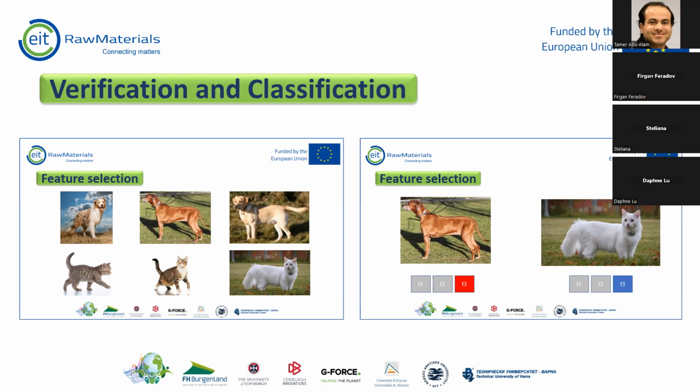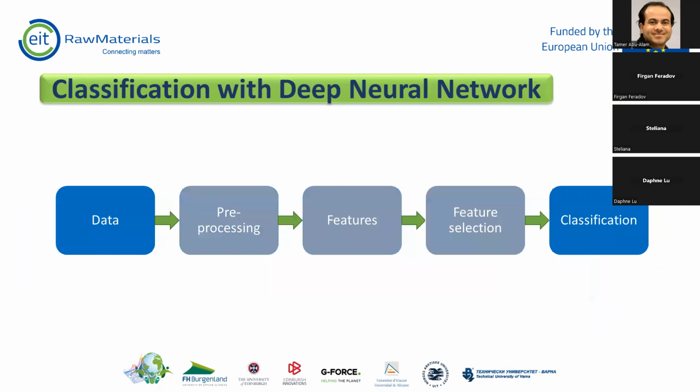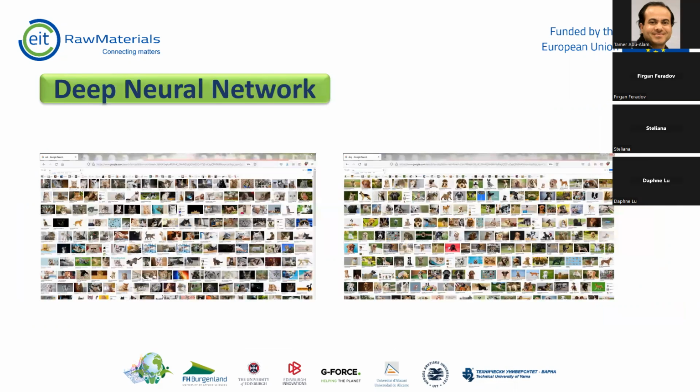And slowly, having seen many different images of cats, the deep neural network will learn by itself what a cat is. And this goes again for the unsupervised learning. It will learn what is a cat and what is not a cat. And once it sees an image of a cat, it will tell you this is a cat.